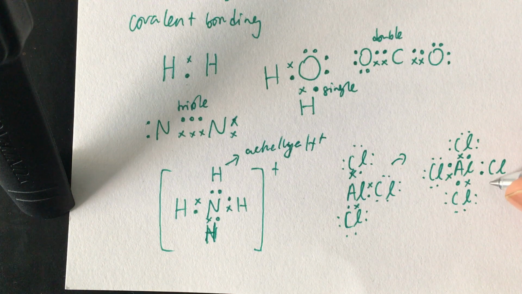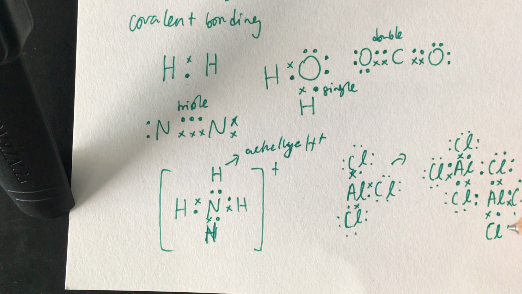How this works is that aluminium is group 13, so it has 3 electrons, and chlorine has 7 electrons. Since aluminium only has 3 electrons, it can only bond with 3 chlorines with its own electrons.